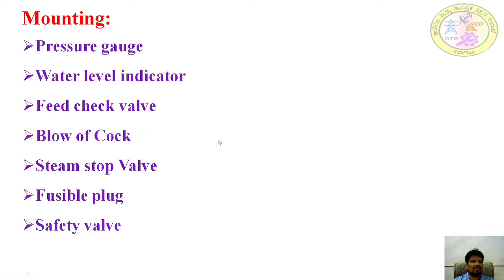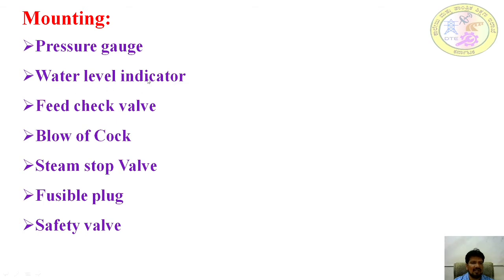Now here the boiler mountings are required. The first is the pressure gauge, which reads the steam pressure of the boiler, and the water level indicator, which indicates the level of the water in the boiler.